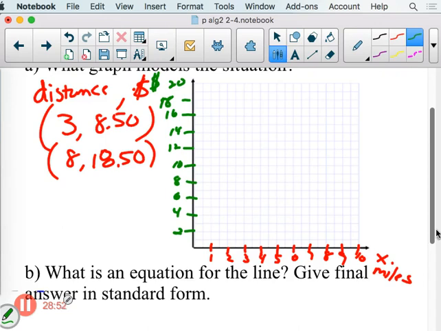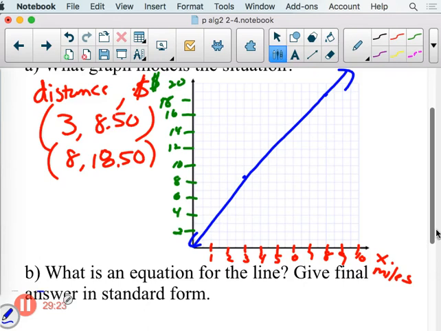Now we graph our 2 points. 3, 8.50. And 8, 18.50. Should that go for 0, 0? If you don't get in the cab and you haven't gotten anywhere, are you going to pay?